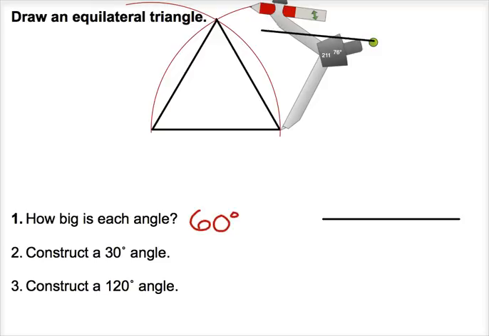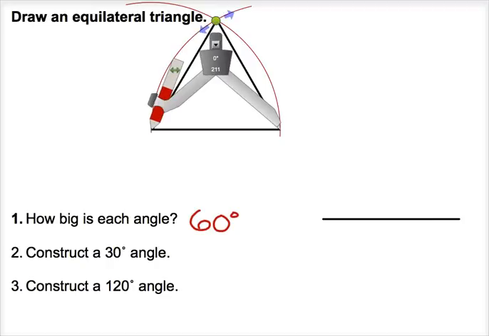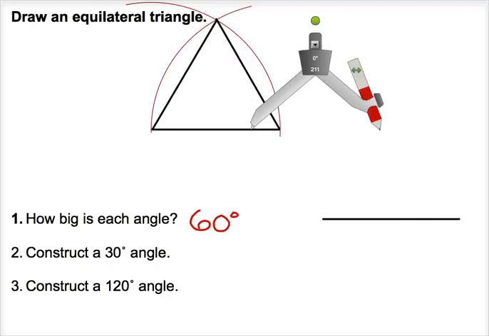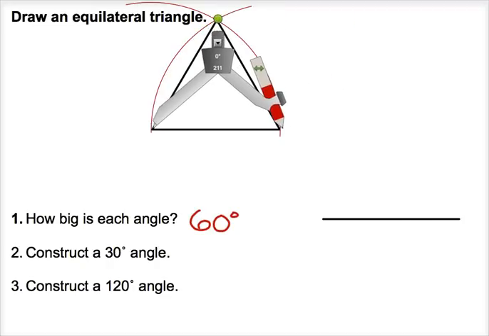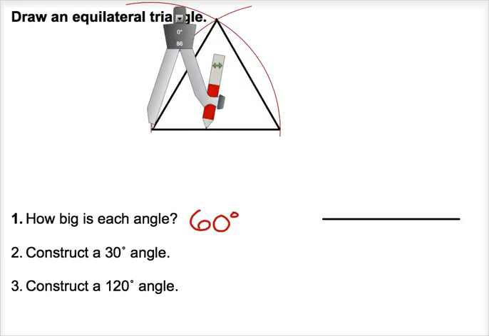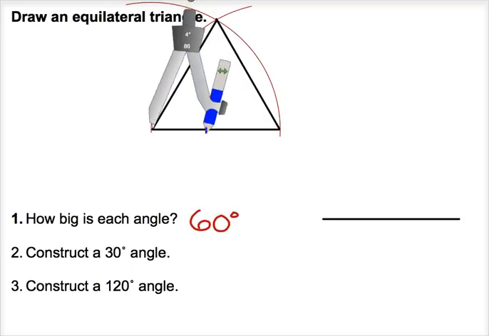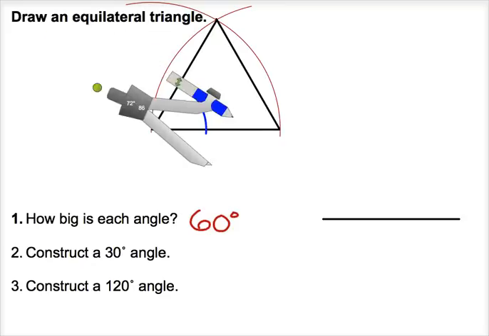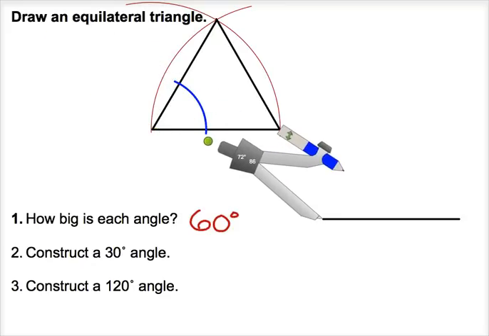So the first thing I'm going to do is come up here and copy the 60-degree angle. To copy an angle, the first thing I do is put my compass at the vertex, and I'm going to swing an arc that hits both sides of my angle. I copy that arc down here.